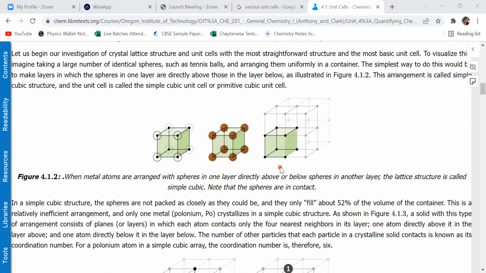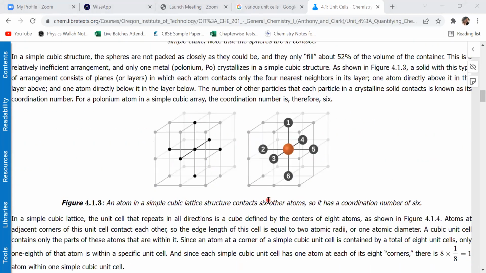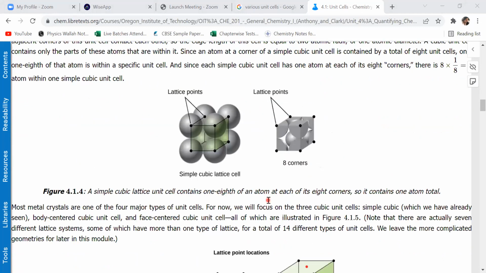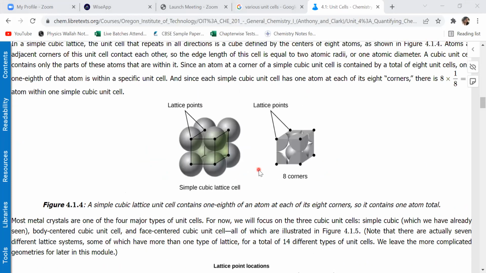Okay. So again, see, you can see how the points are being contributed. There's no space as such here. It is like a full sphere. We assume that there are so many spheres, and in the simple cubic lattice cell, you can see there are 4 on the top, 4 on the bottom, and each sphere present here is not only shared by a single unit cell, but also will be shared by others.